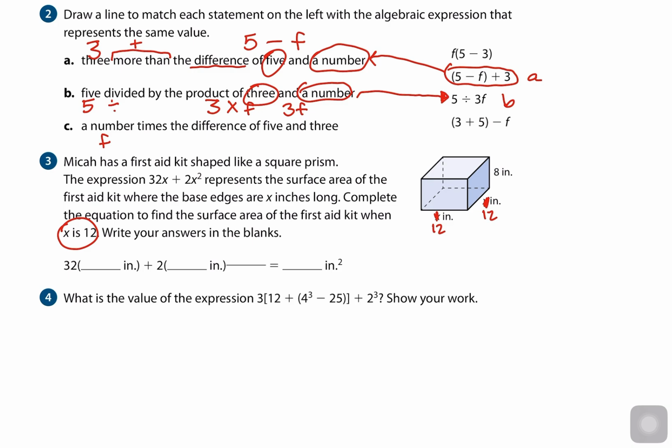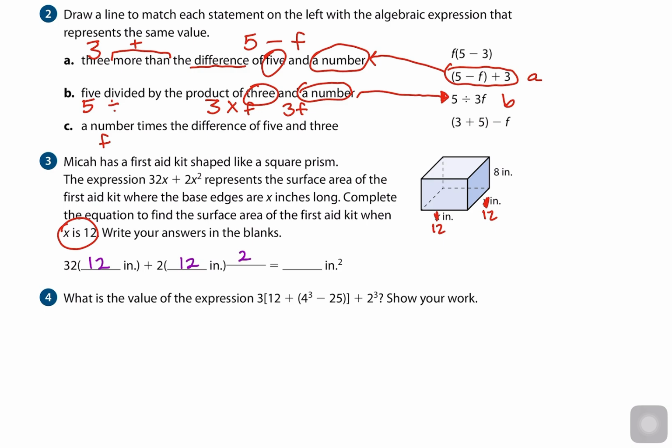Okay. So 32 times something plus 2 times something to the power of 2. So 32 times 12 plus 2 times 12 to the power of 2.